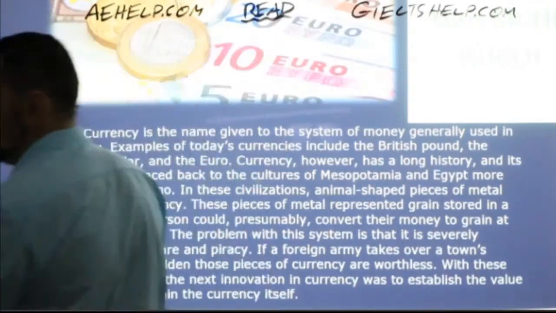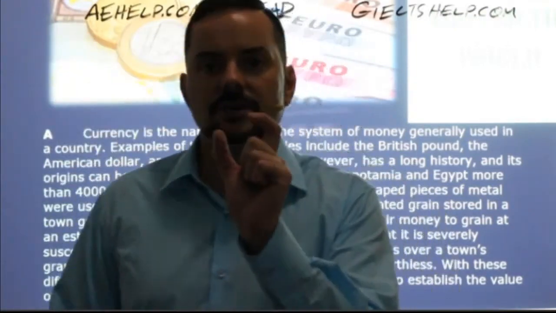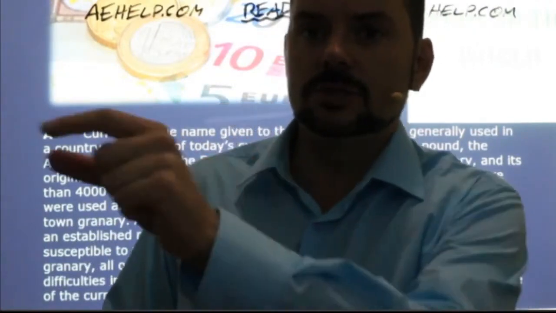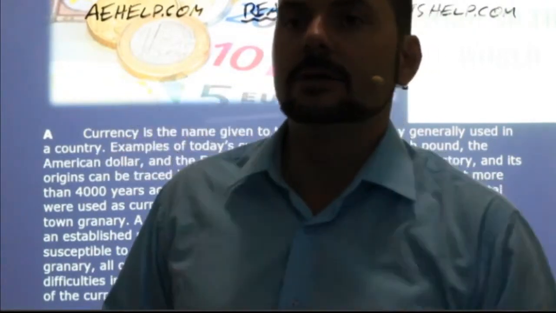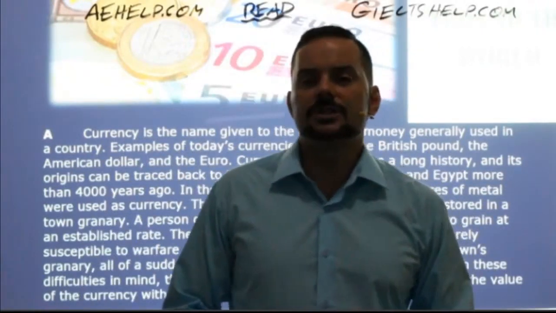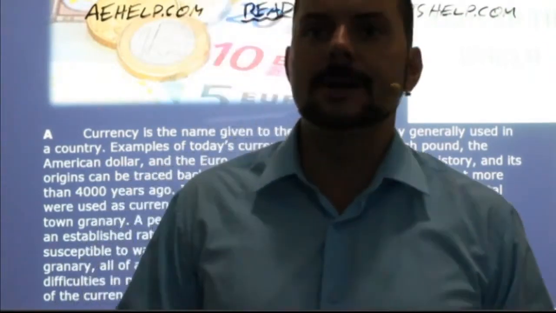So when you visualize this, right? Visualize this. I visualize that I have this little animal-shaped piece of metal that I can use to get grain from a granary, right? Romain says it's the origins of the notion of currency, Mesopotamia and Egypt, yeah. Carolina says how currency was used in ancient times.